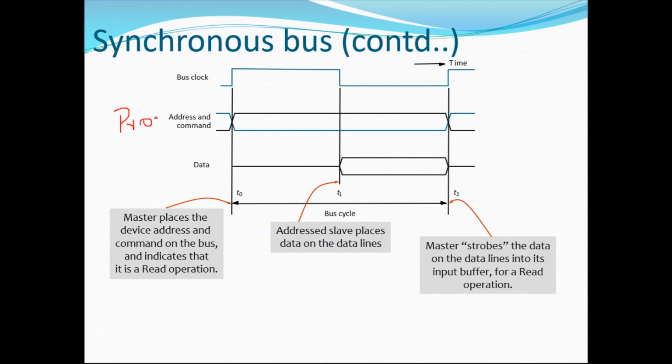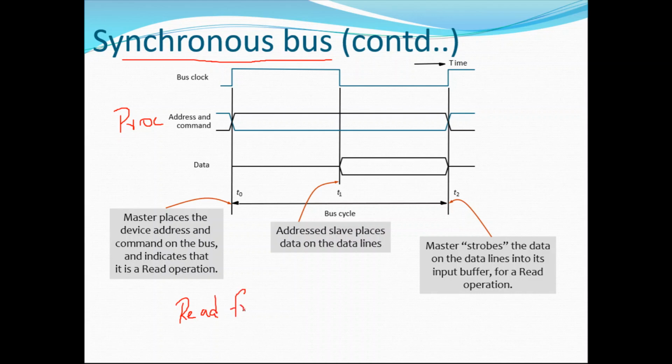Now this timing diagram shows how a read operation is performed using a synchronous bus. Here read means reading from an IO device. How does the bus master, which we are assuming to be the processor, read something from an IO device?